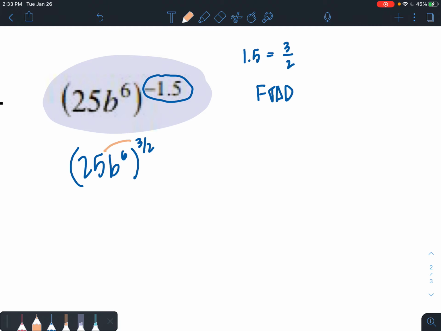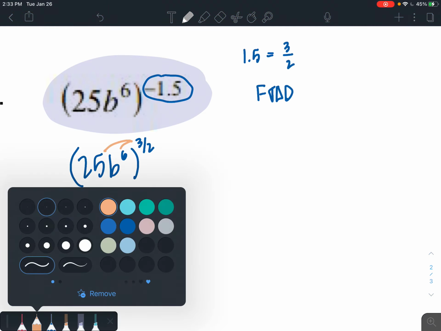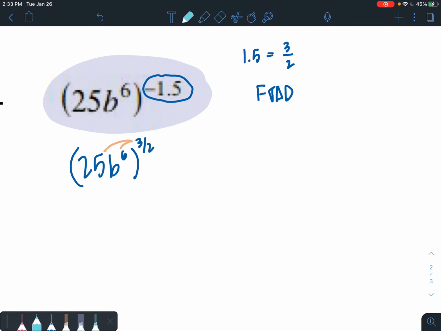Go ahead and distribute that through. And so that ends up being 25 to the 3/2, b to the 18/2.